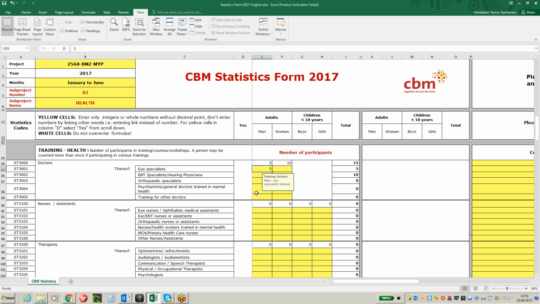In the January to June report, you will report 10 doctors were trained. And then in the July to December report, you will also report the same number of doctors were trained. So at the end of the year, the report will say 20 doctors are trained, but in actual sense, it's 10 doctors that were trained because it is a long-term training. So what happens in such a case?